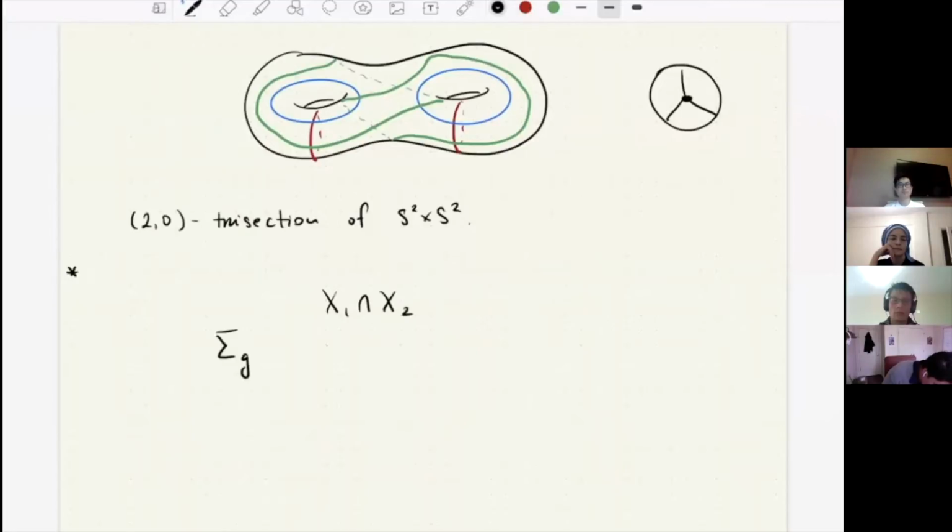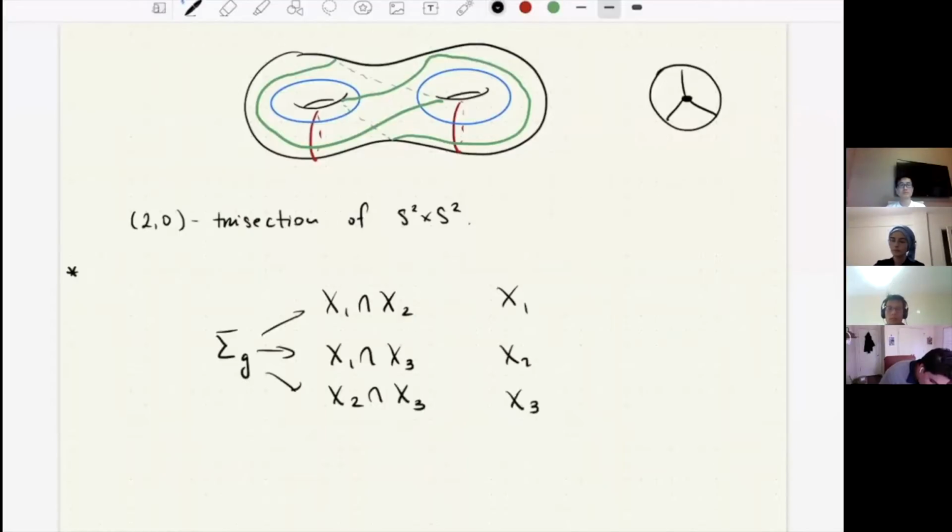X1 intersect X2, X1 intersect X3, and X2 intersect X3, and this is given by inclusion. And all of these pairwise intersections include into the actual pieces of the decomposition.